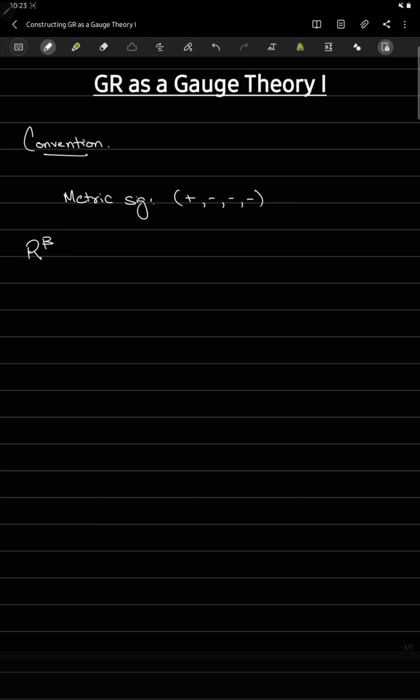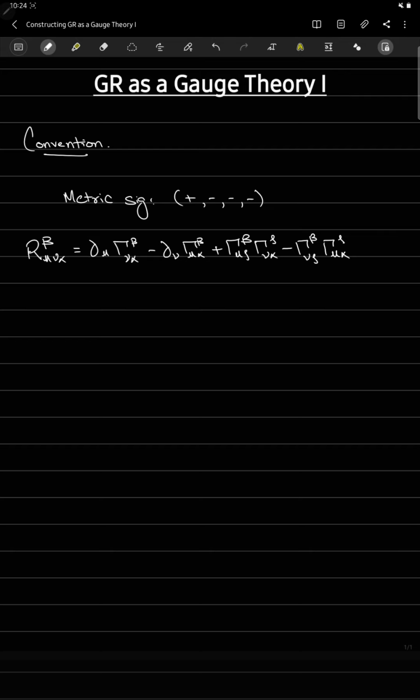For the Riemann tensor, I'd be using R^β_{μνα} equal to partial μ Γ^β_{να} minus partial ν Γ^β_{μα} plus Γ^β_{μρ} times Γ^ρ_{να} minus Γ^β_{νρ} times Γ^ρ_{μα}.